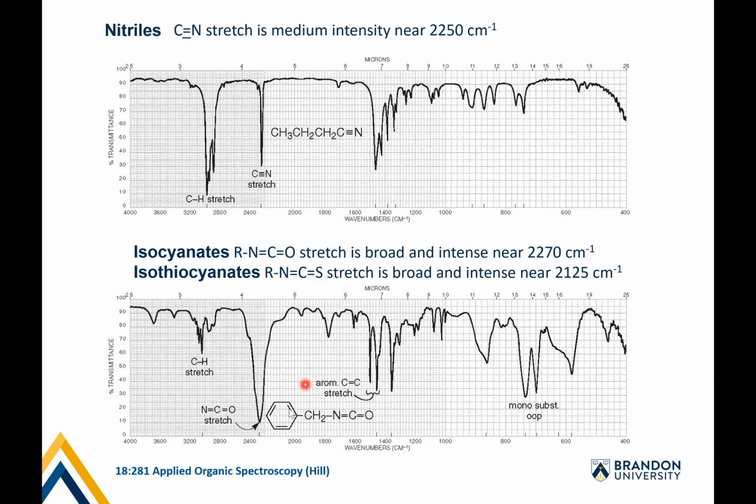So here's this very broad isocyanate stretch, and it's in a region where there aren't many other things, so you can't miss that if this is present in your molecule. Now, this example here is an aromatic, so you see the aromatic monosubstituted CH bend, and you see the aromatic stretches, and this would be the fingerprint region here for the monosubstituted aromatic.